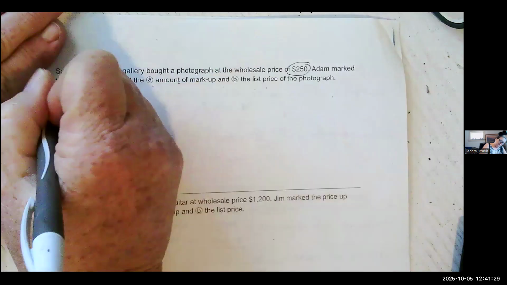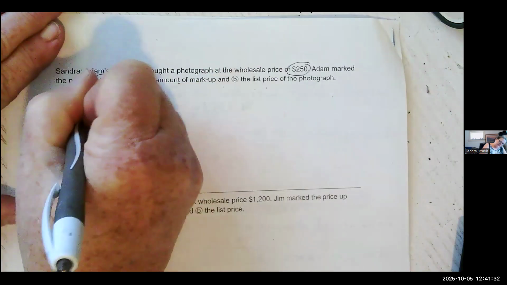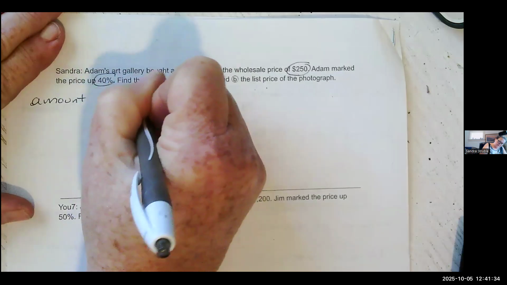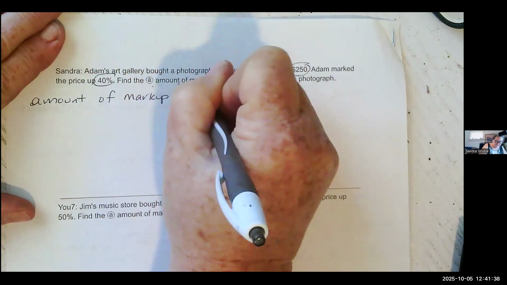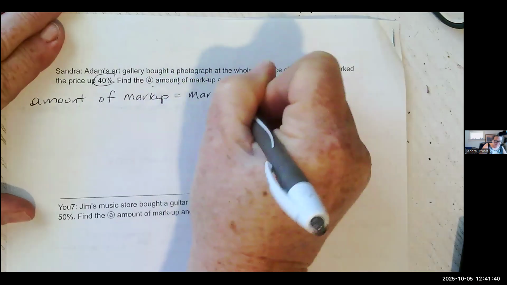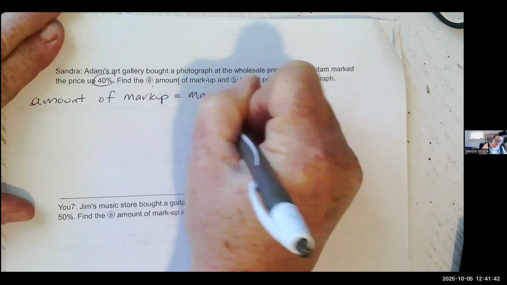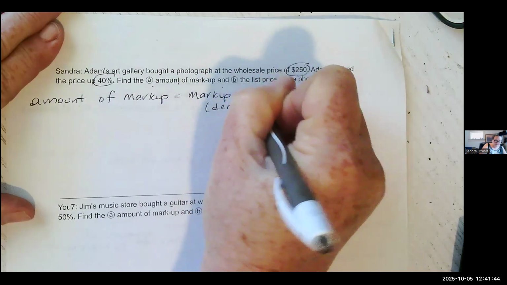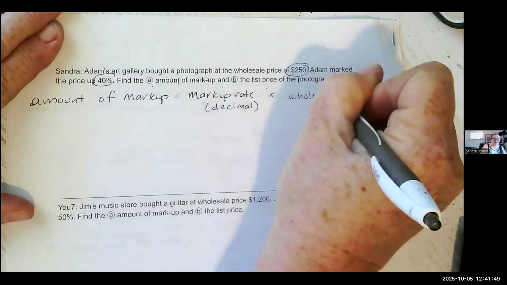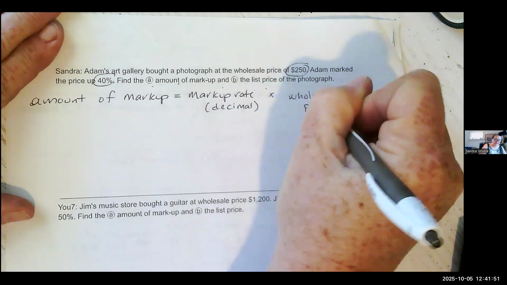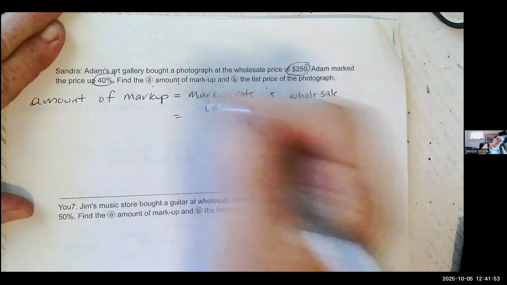So we're going to find the amount of markup. It is equal to the markup rate, and don't forget decimal form for your percentages, times the wholesale price, how much he paid for it. The markup rate is 40%.